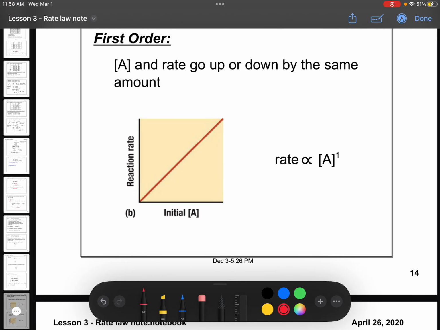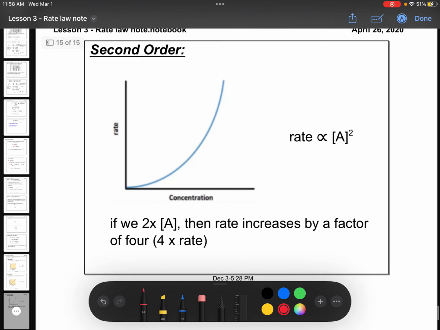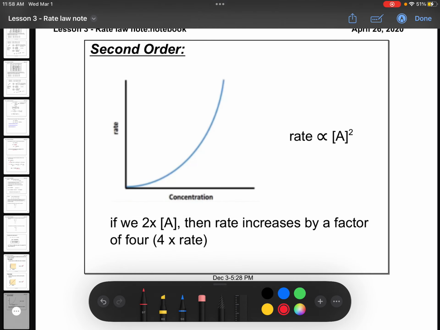We could have a first order where A and the rate go up or down by the same amount, so rate is proportional to A. Okay, and it is a 1. Or we can have a second order where if we multiply A by 2, then the rate increases by a factor of 4. Okay, so the rate is proportional to the square of the initial concentration.